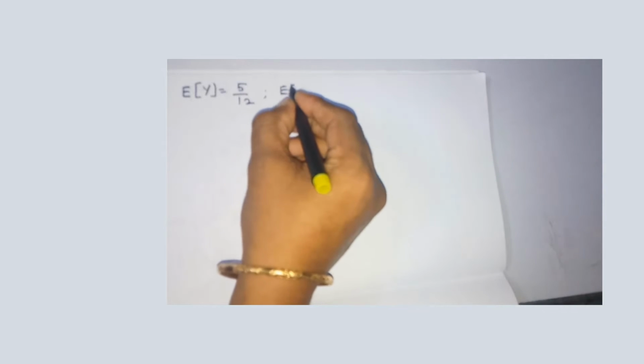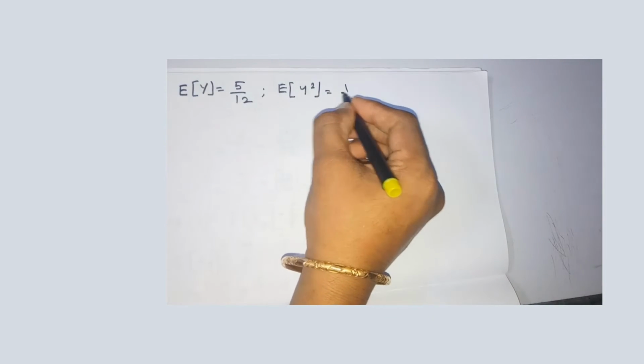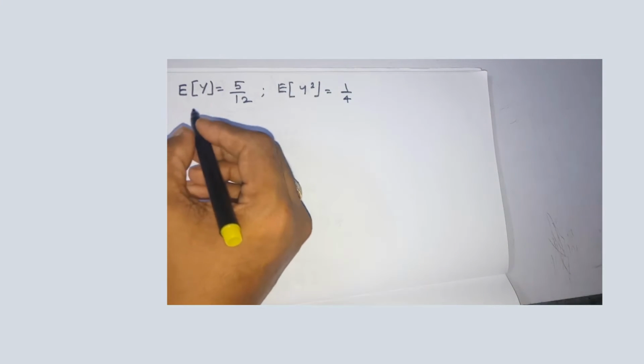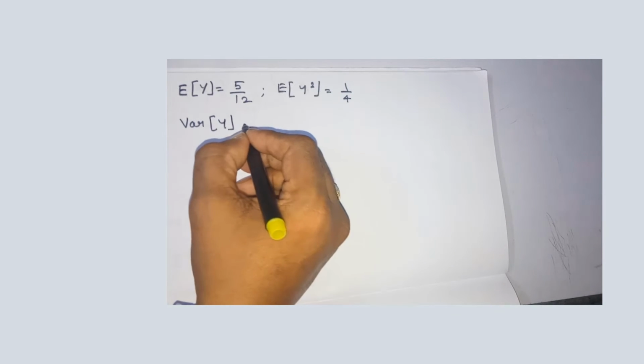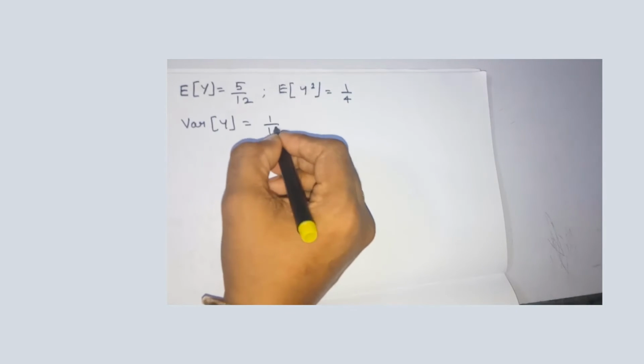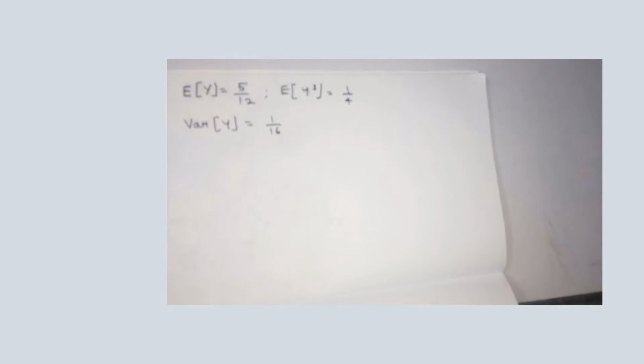Next is the value of E of y square. E of y square is nothing but 1 by 4. And the variance of y will be obtained as 1 by 16. This is similar to finding the variance of x.